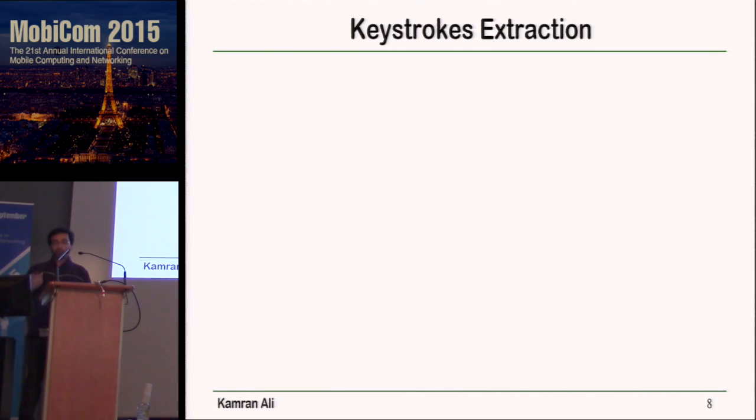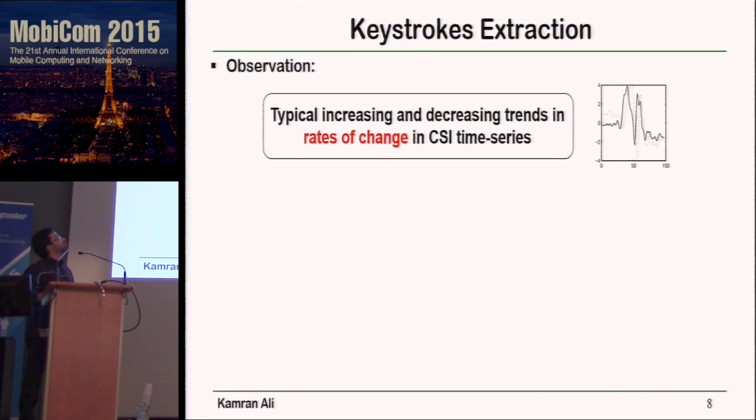The next step after noise reduction is keystroke extraction. How can we extract the CSI waveforms of the keystrokes from multiple keystrokes in the CSI data? For keystroke extraction, we utilize the observation that the CSI waveforms of different keystrokes show typical increasing and decreasing trends in the rate of change of CSI values.